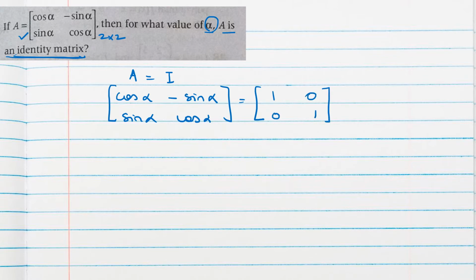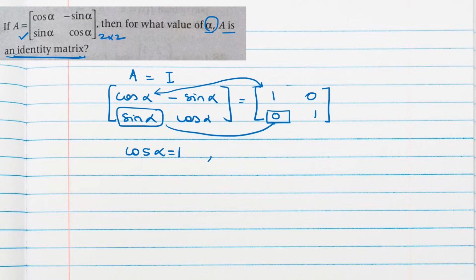So now we can compare the values to get the answer. Cos alpha is 1. Corresponding elements we can compare. Cos alpha is equal to 1 and sin alpha is 0. So we will check whether for both corresponding elements we are getting the same alpha. So we know cos alpha is 1, for cos 0 is 1.